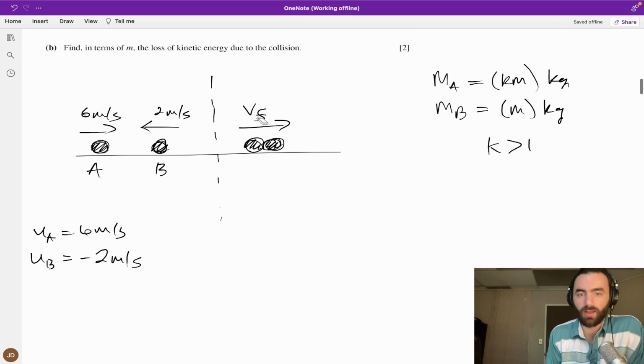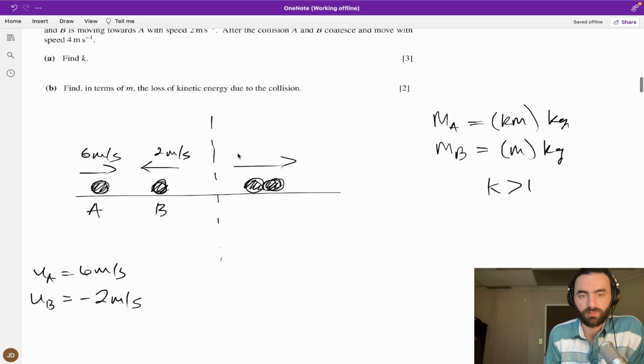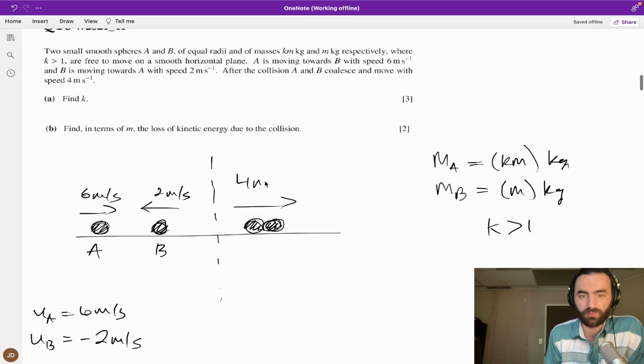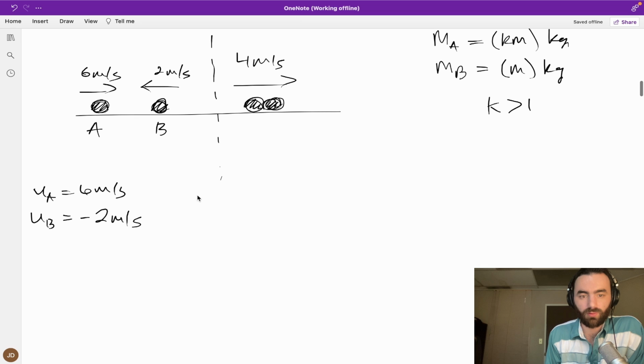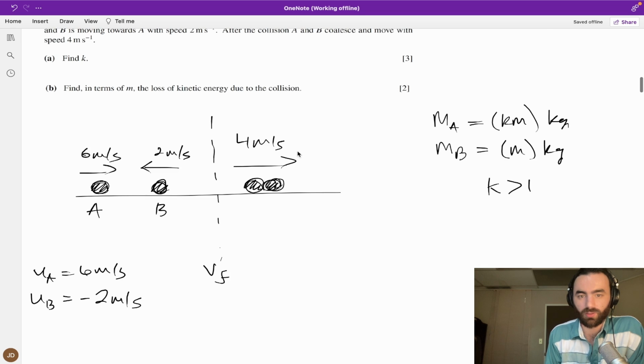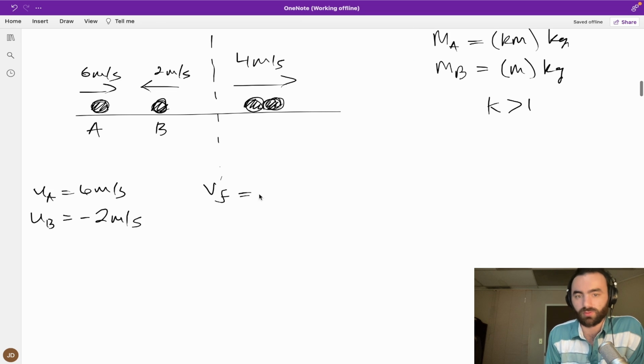If A was going 6 meters per second this way and B was going faster, then it would be going this way, and this would be a negative velocity, but it's not. So this is 4 meters per second. Our V final, which is the velocity of A and B after the collision put together, is 4 meters per second.